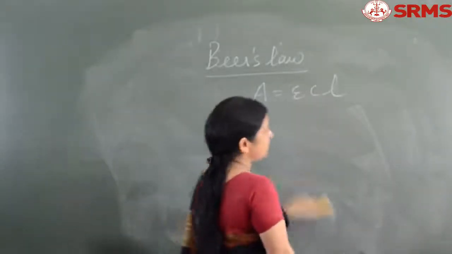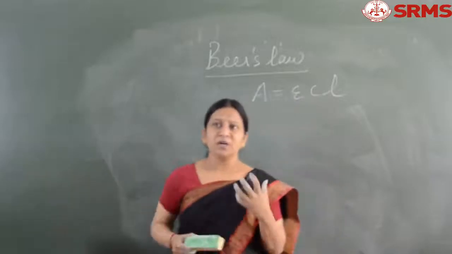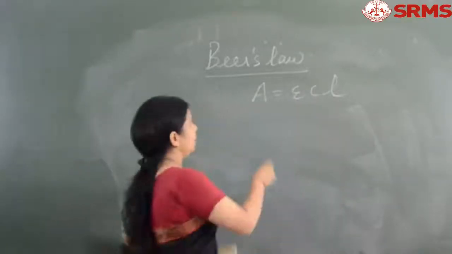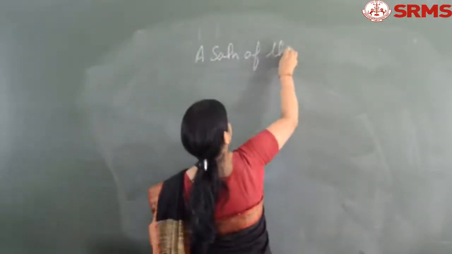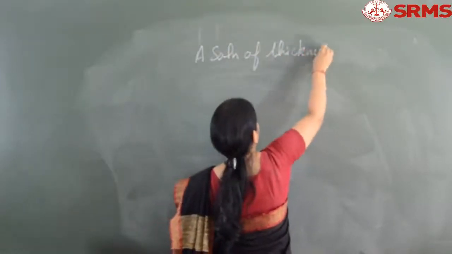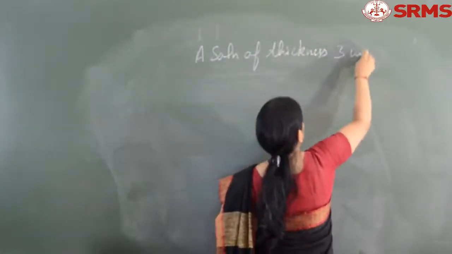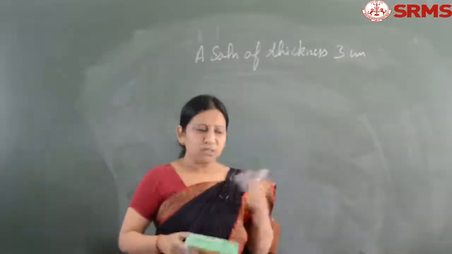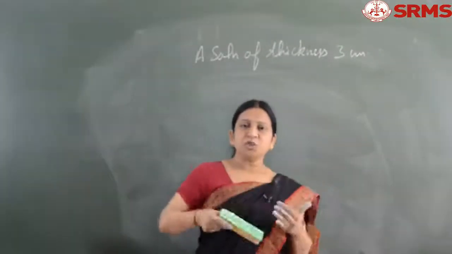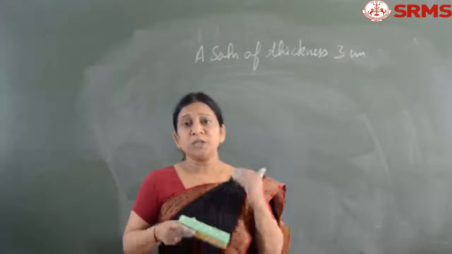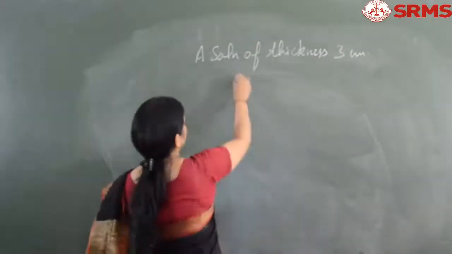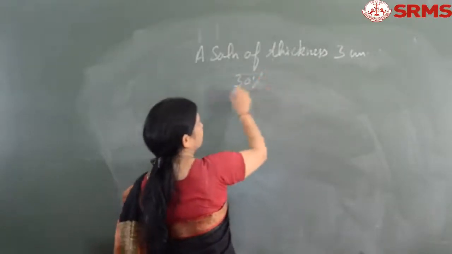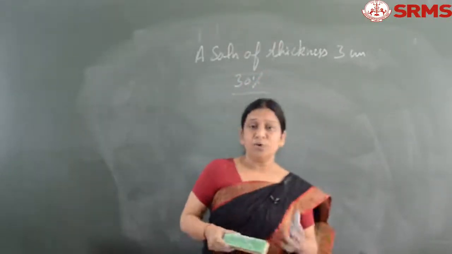Now, if I take up a numerical, suppose I have a solution of thickness 3 centimeters, and when a radiation falls on it, it shows 30% transmission.